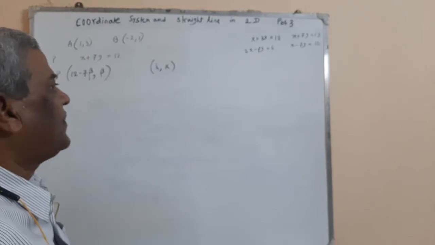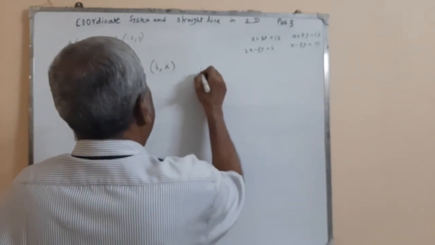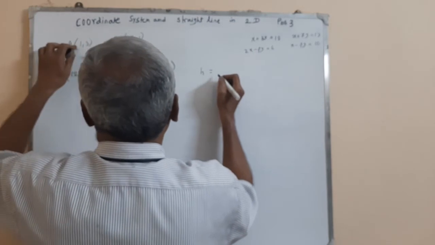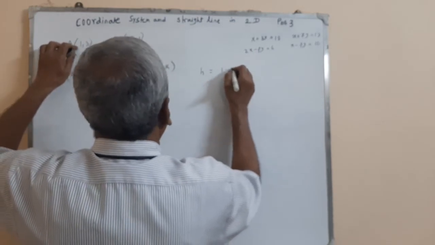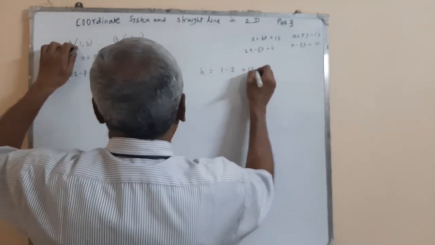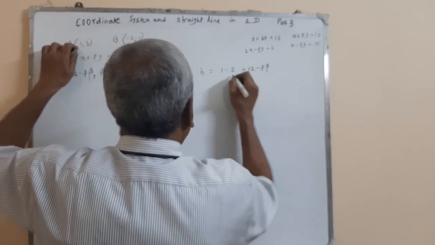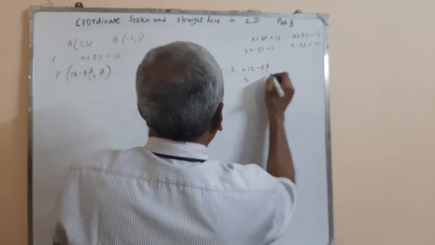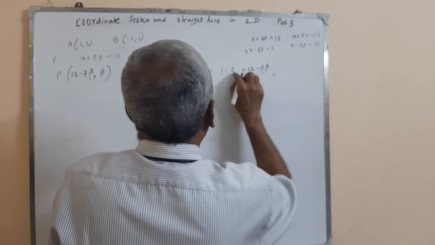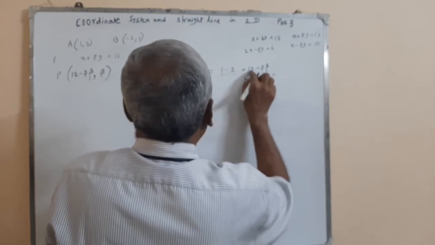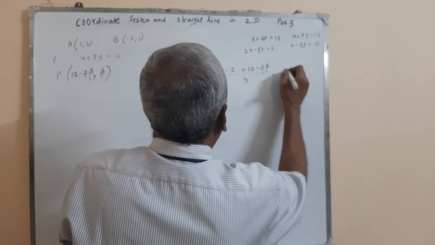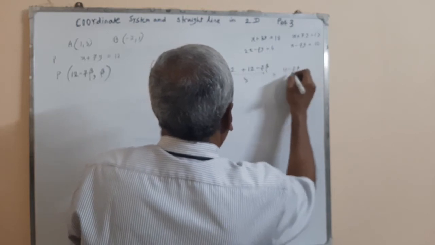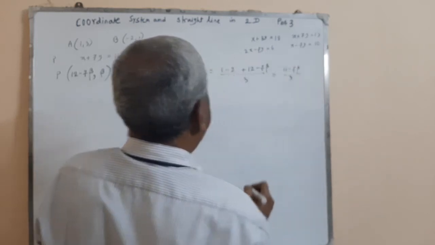centroid. So we must have h is equal to (1 minus 2 plus 12 minus 7 beta) by 3. That is, it is (11 minus 7 beta) by 3.